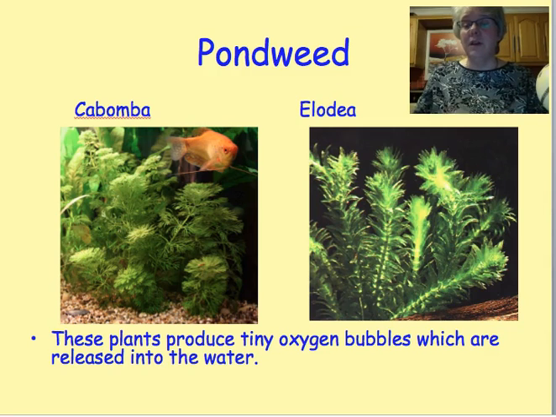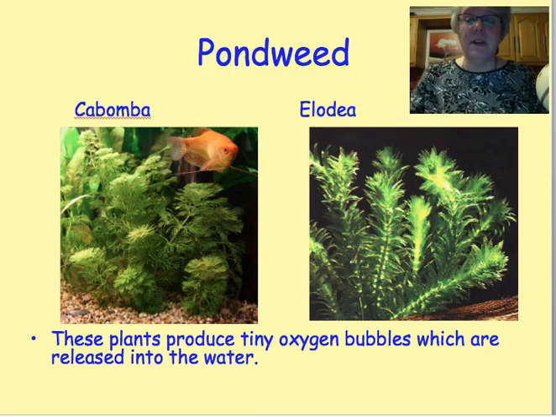And if we can count them over a period of time, like say a minute, then we can record how many bubbles of oxygen are produced per minute, and it gives us an idea of the rate of photosynthesis. The faster the bubbles are produced, the faster the rate of photosynthesis. The slower the bubbles produced, the slower the rate of photosynthesis, and we can get measurements of this.